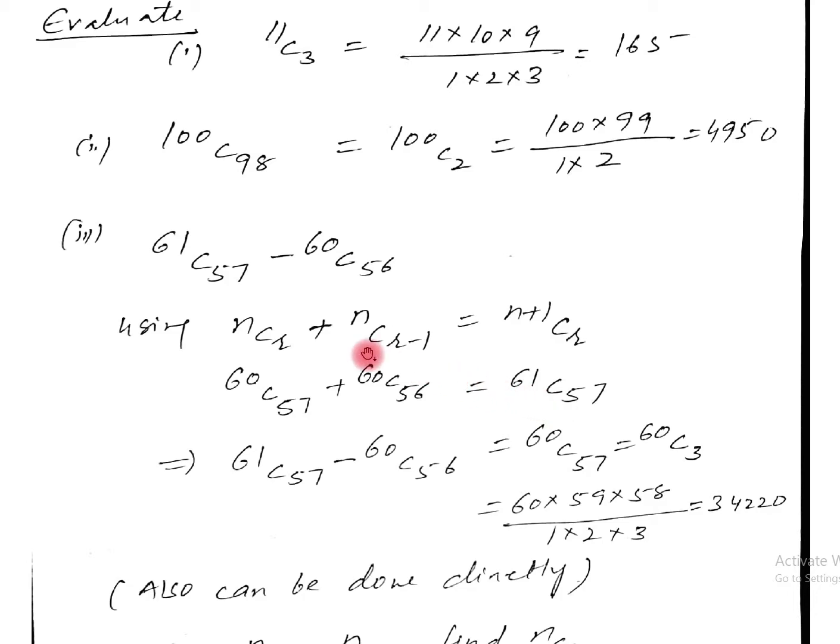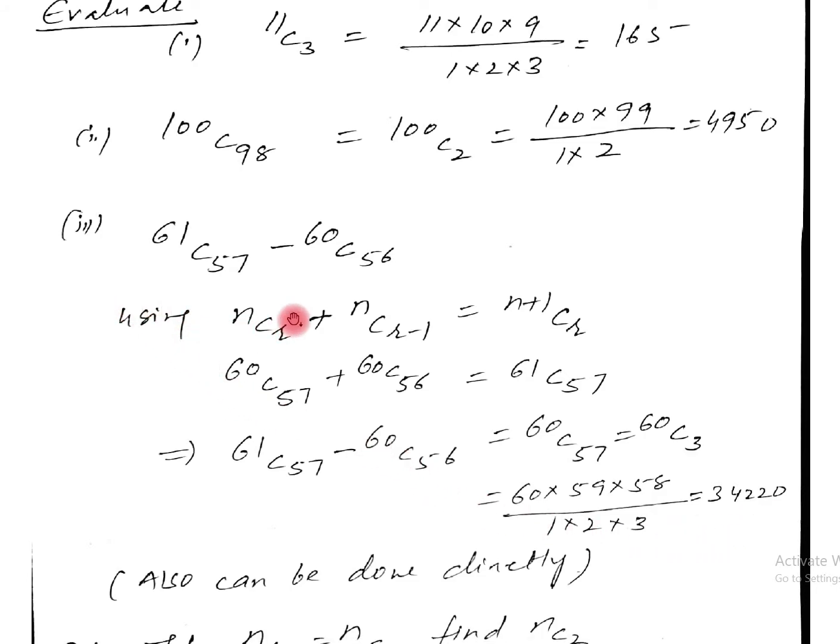Now we have to evaluate 61C57 minus 60C56, so this term can be taken on this side. It can be written as 61C57 minus 60C56 equal to 60C57. Now 60C57 can be written as 60C3. Now we calculate 60C3 equal to 60 into 59 into 58 upon 1 into 2 into 3, and we can do the calculation.